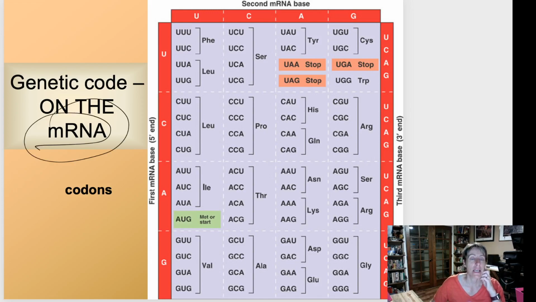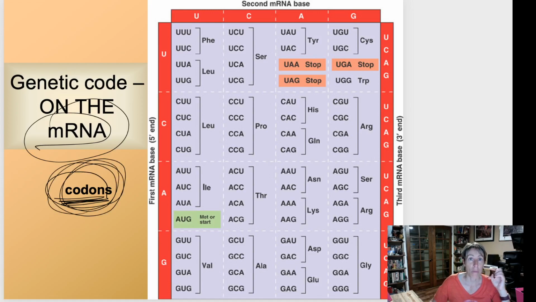So this is a table of codons. And if you remember, this is really important to remember from the video about translation, the codons are the three-letter words on the messenger RNA strand, that pink strand that was running through the ribosome.